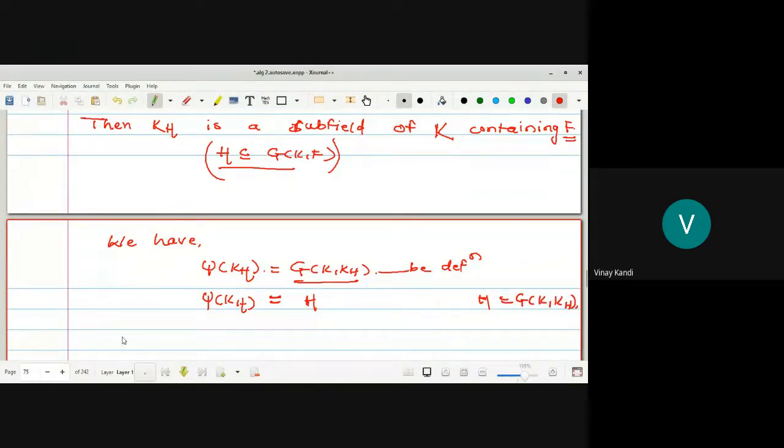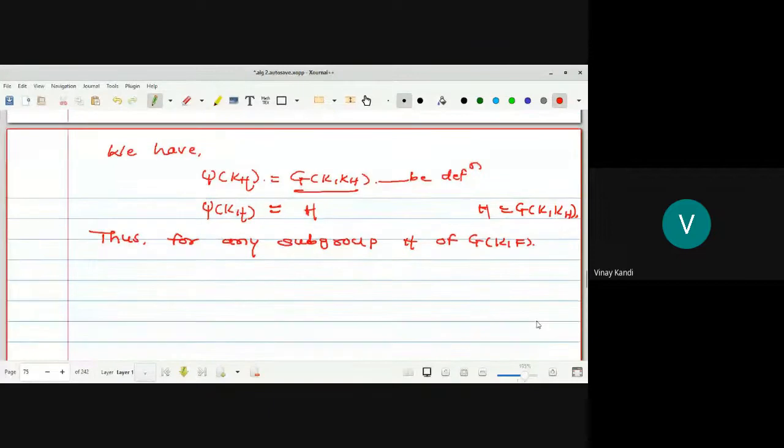Okay, so thus for any subgroup H of GKF. Okay, so this is the subgroup of what? GKF.